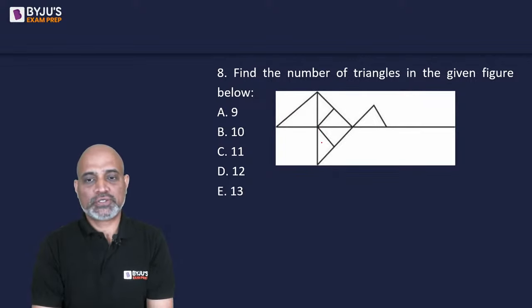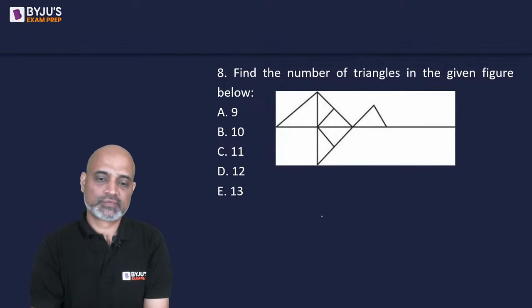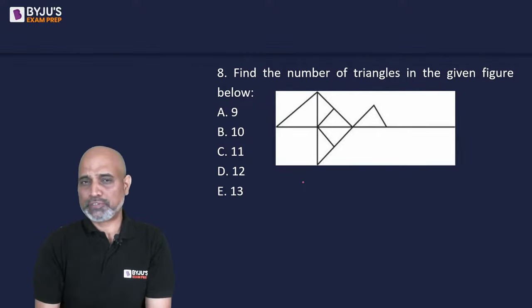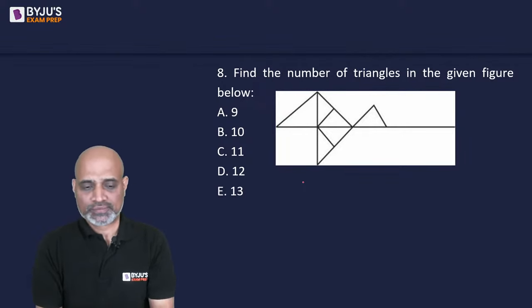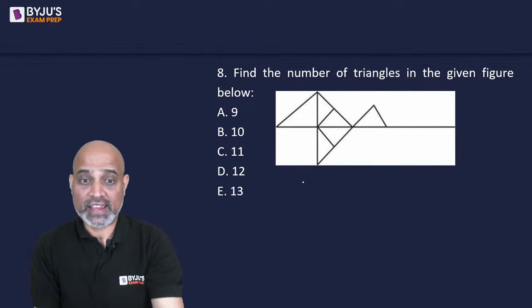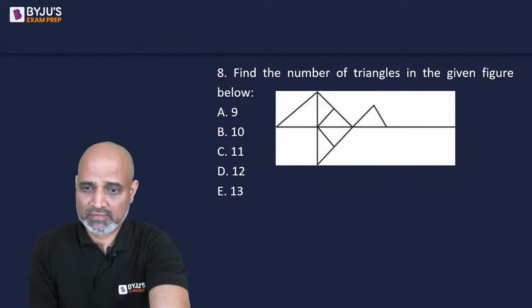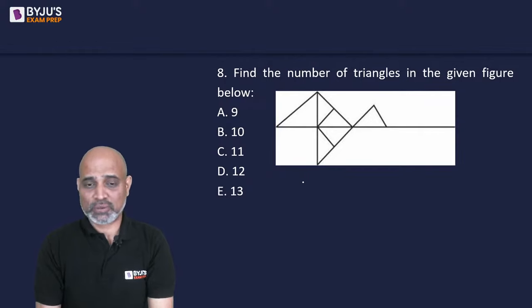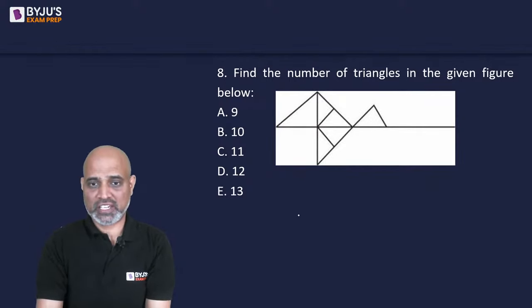So how many triangles do we have here? Start counting from the smallest or the largest. Generally prefer the largest. 10, 9, 8, 8 है कहाँ इधर? So 9, 10, 11. These are the options you are getting. ठीक है.